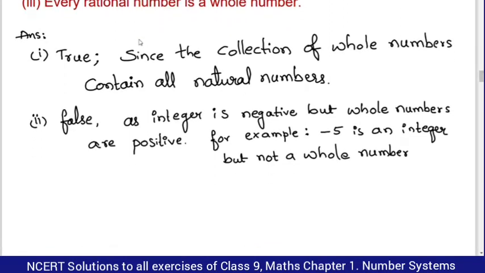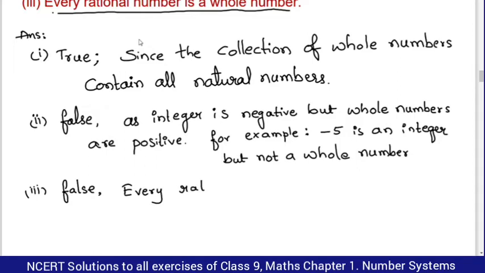Now third one, every rational number is a whole number. It is false, because every rational number may not be a whole number.